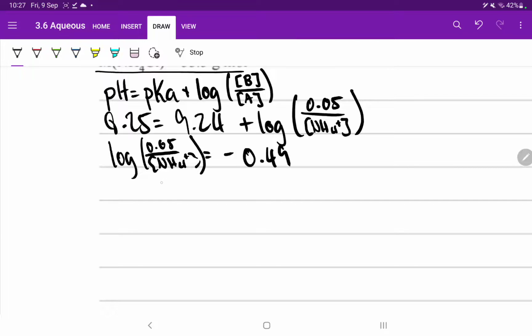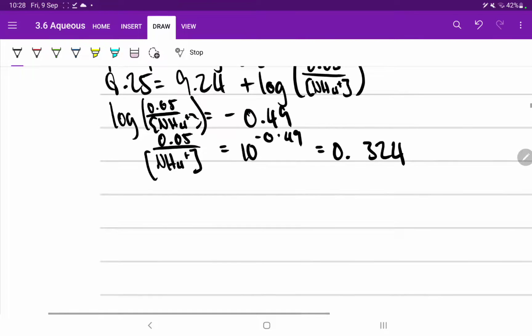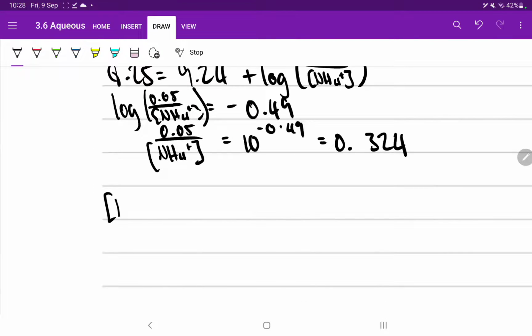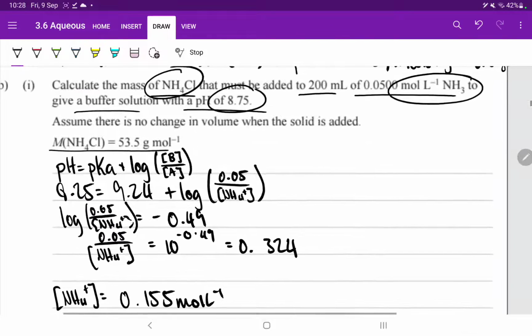Now you get rid of the log: 0.05 divided by NH4 plus equals 10 to the negative 0.49, which is also equal to 0.324. Now we can rearrange to solve for NH4 plus. NH4 plus equals 0.155 moles per liter. That's cool.